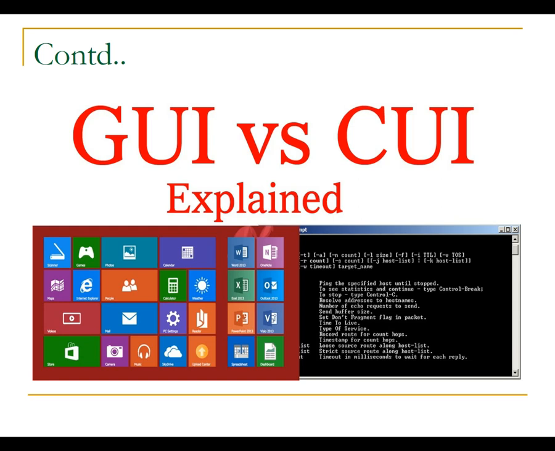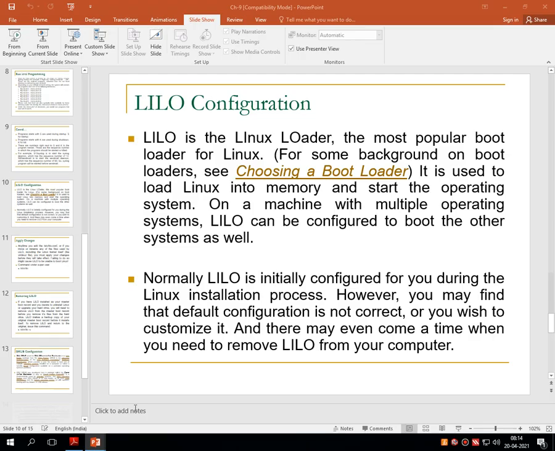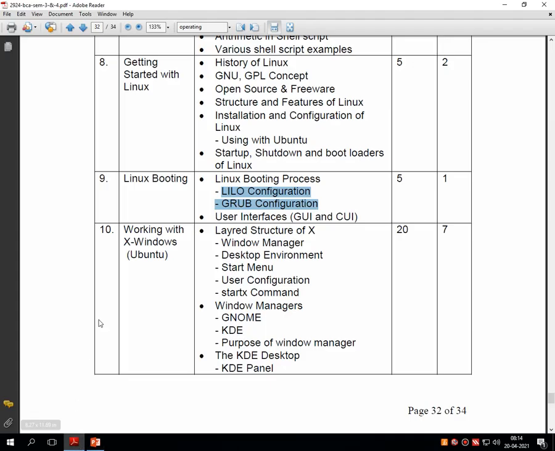So this shows the exact difference between the Lilo configuration as well as grub configuration in terms of graphical user interface. So this was all about the discussion of Linux booting of an operating system that we are using called Ubuntu.